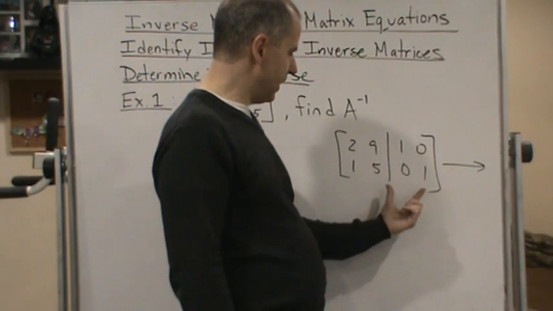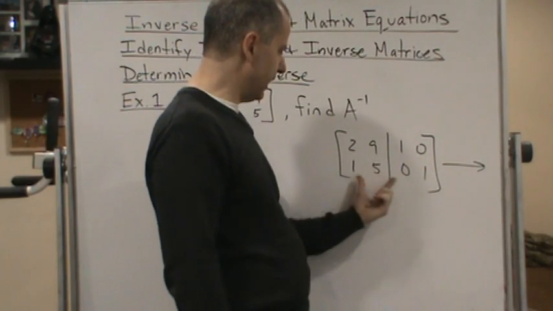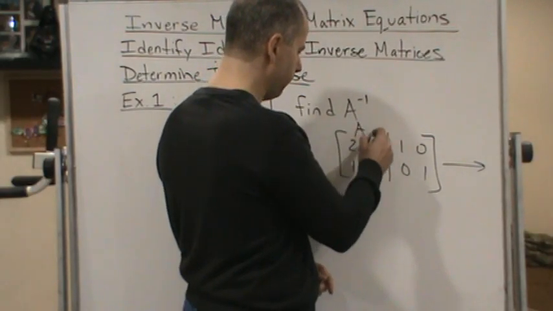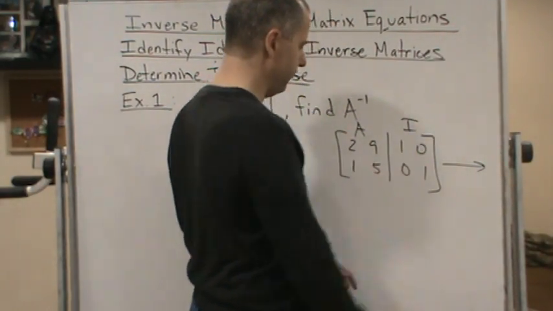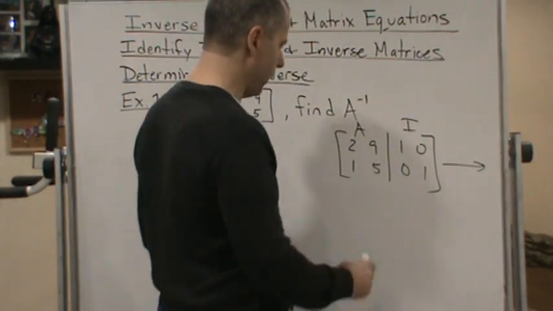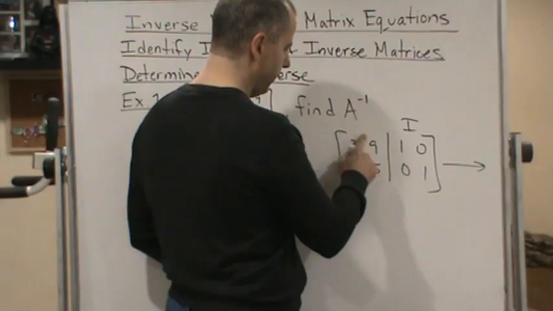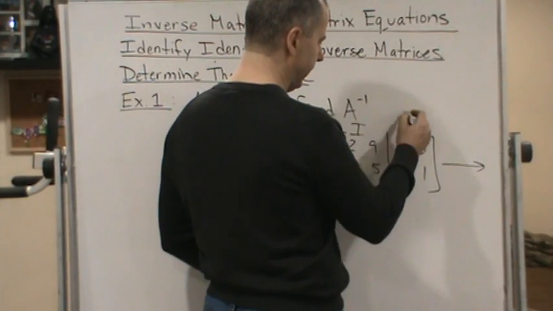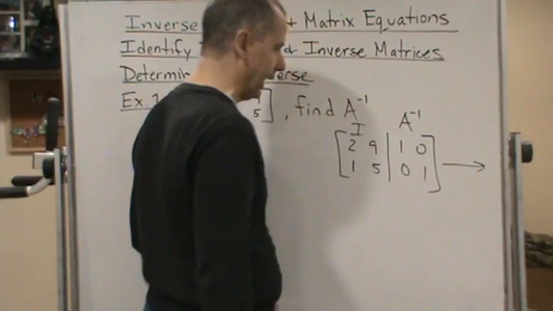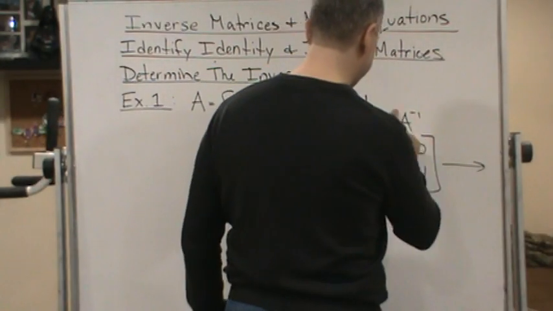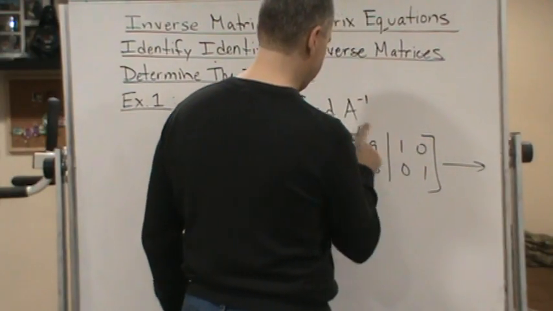And then what happens is this will tell us the inverse, because the inverse will be here. So we start with A and the identity, and then when we're all done with our elementary row operations, we will have the identity here, and then whatever is over here will be our inverse matrix. So let's do that. Okay?